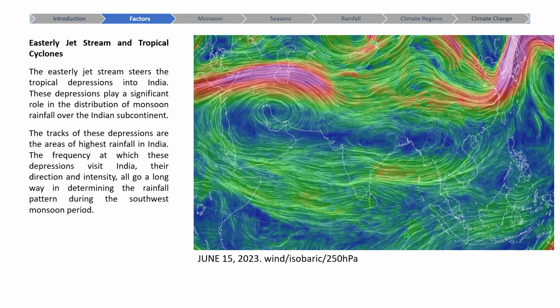And here, as I have already told you, the easterly jet stream steers the tropical depressions into India. These depressions play a very significant role in the distribution of monsoon rainfall over the Indian subcontinent. The tracks of these depressions are the areas of highest rainfall in India.